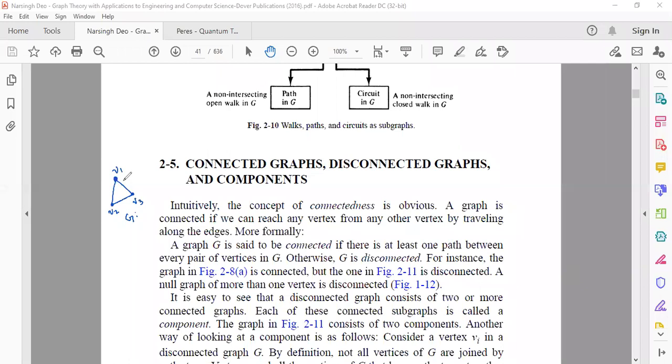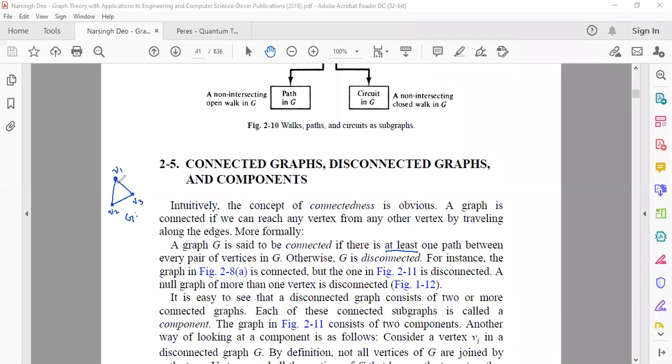Paths are actually made of edges, because edges are actually part of paths. So between every pair of vertices, you can have at least one path. Why is the word at least there? Because we do not always talk about simple graphs.